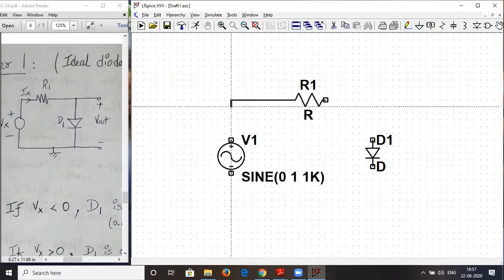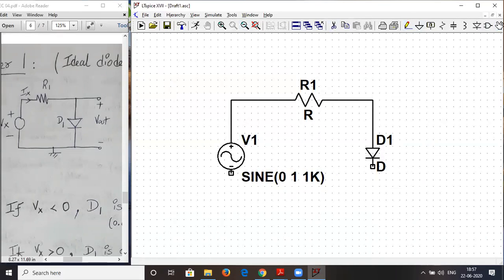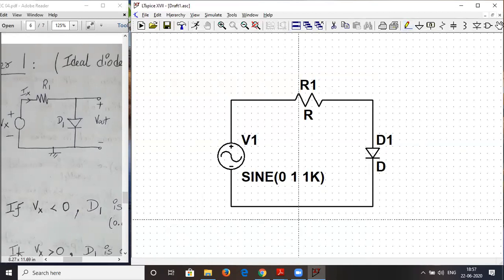Let me connect this circuit now. I think the lower one I have connected a little too much, so let me reduce the width of it. And don't forget to connect the ground also. Okay, the circuit connection is made. Now I have to connect this to ground. So my circuit is complete.